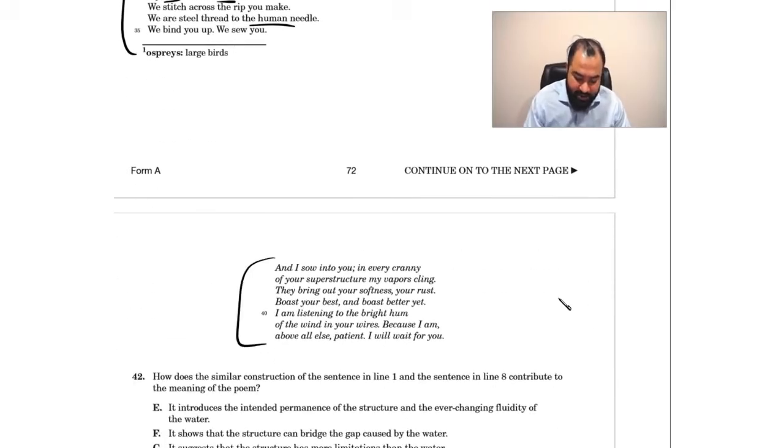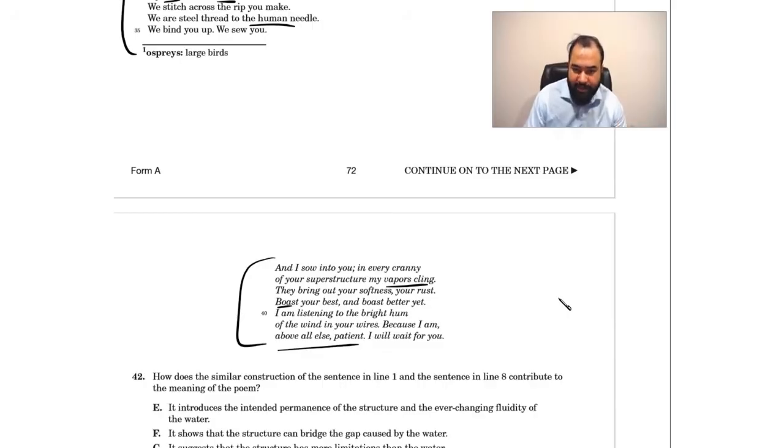So now water says, "And I sew it to you. In every cranny of your superstick structure, my vapors cling. They bring out your softness, your rust. Boast your best," meaning boast as much as you want. "And boast better yet, I am listening to the bright hum of the wind in your wires, because I am above all patience." So water is saying, keep saying whatever you want.